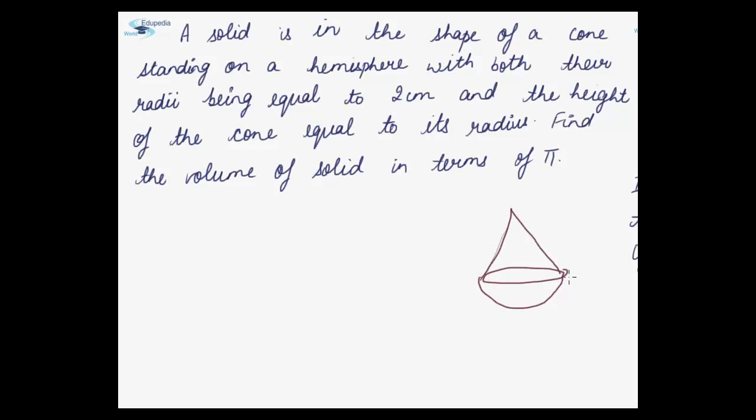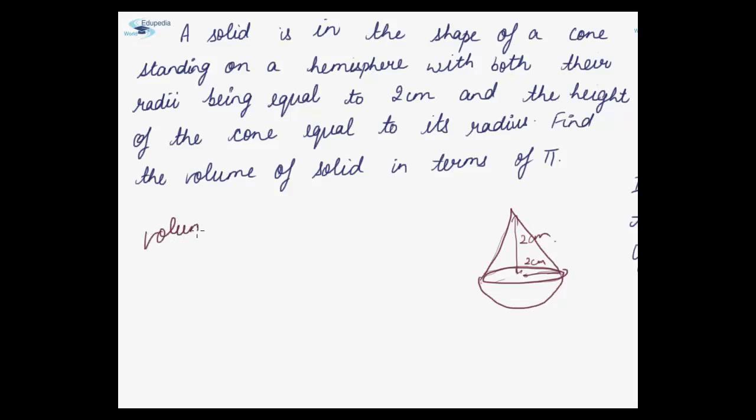So since both the radii are same, their base will coincide, and the radii is 2 centimeters for both, and the height of the cone is equal to its radius. Now height of cone is equal to radius, that is, it is also 2 centimeters. Find the volume of the solid in terms of pi.